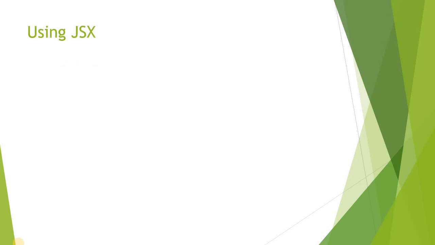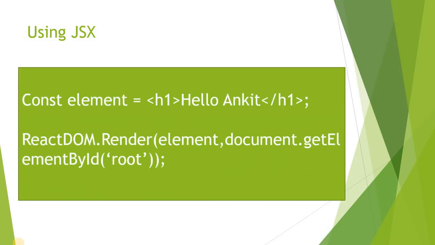So now, how can we use JSX in React applications? First you define an element. For example, you define a constant element h1 in which you display hello Ankit, and use the ReactDOM.render method that we discussed in the last video.